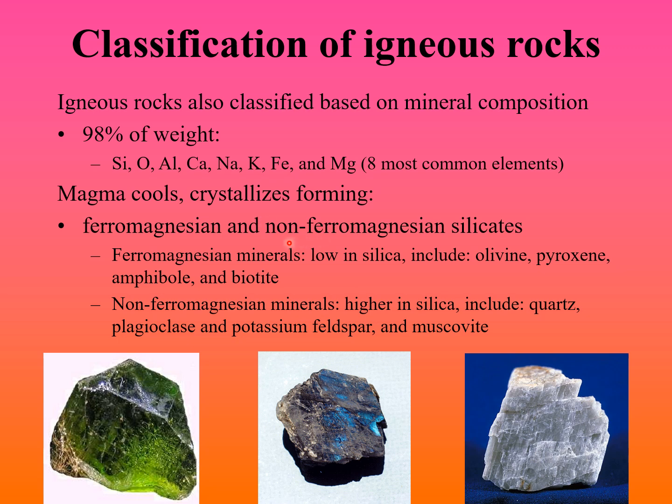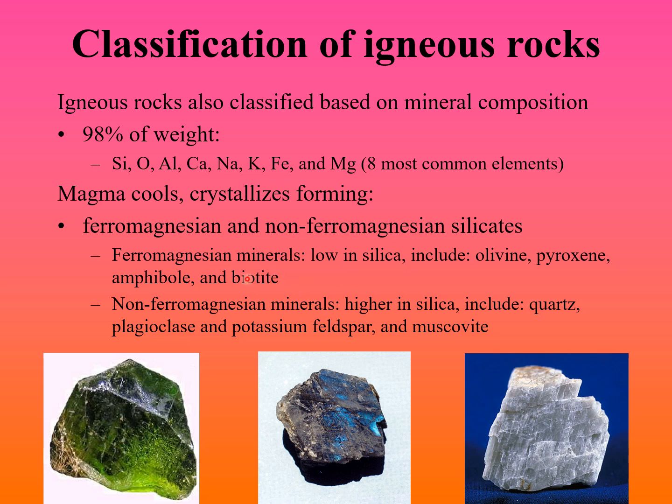Magma cools, crystallizes, forming the more iron, magnesium, and calcium-rich minerals, which we call ferromagnesian. And those are formed at the high temperatures, like we've talked about, or silica, oxygen, aluminum, and sodium. And those we call the non-ferromagnesian silicates.